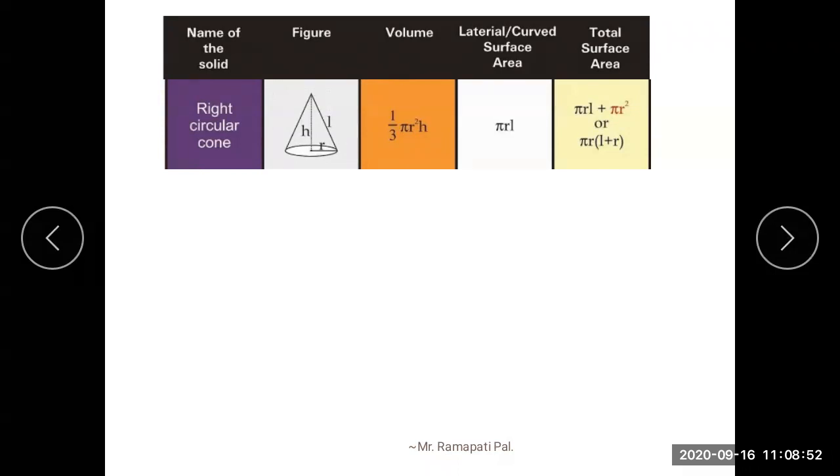Pi r L is the curved surface area of a cone and pi r square is the area of a circle, correct? When you add them, you get the total surface area of a cone. Now pi r is common, so take pi r outside the bracket, so it becomes pi r (L plus r). Is it clear?